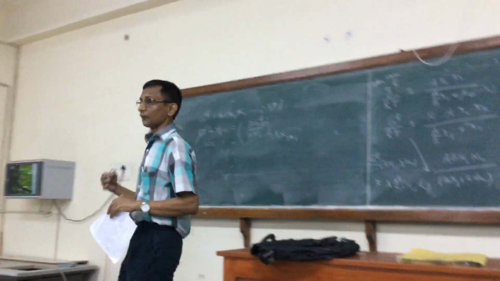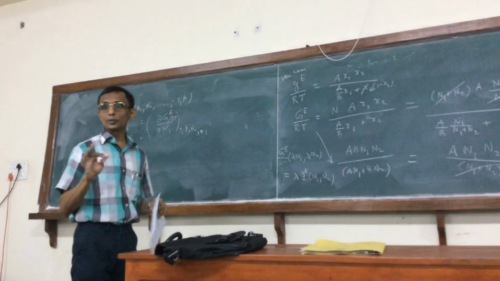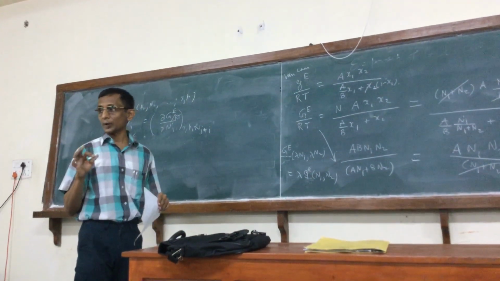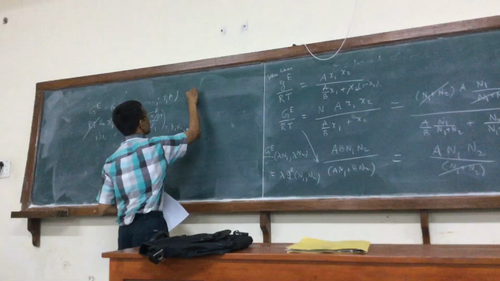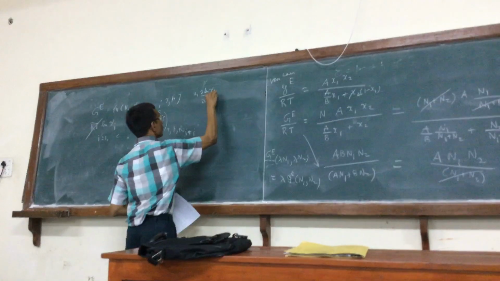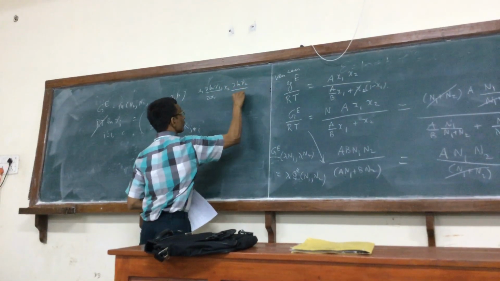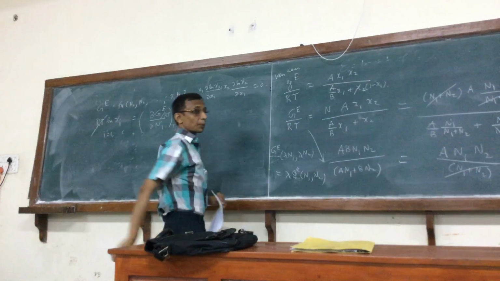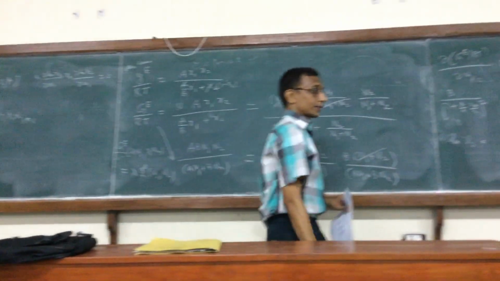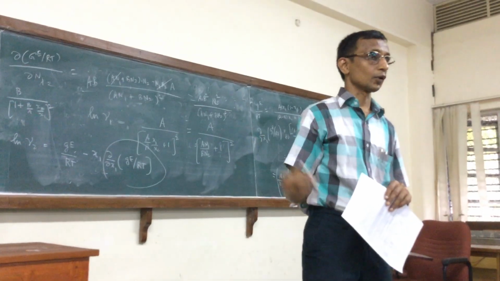Now, another way, given log gamma 1, another way to get log gamma 2 is from the Gibbs-Duhem equation, as we have seen in the case of the partial molar property. The Gibbs-Duhem equation in terms of the binary mixture is given by that. We didn't quite write it explicitly earlier, and this is what it will turn out to be.